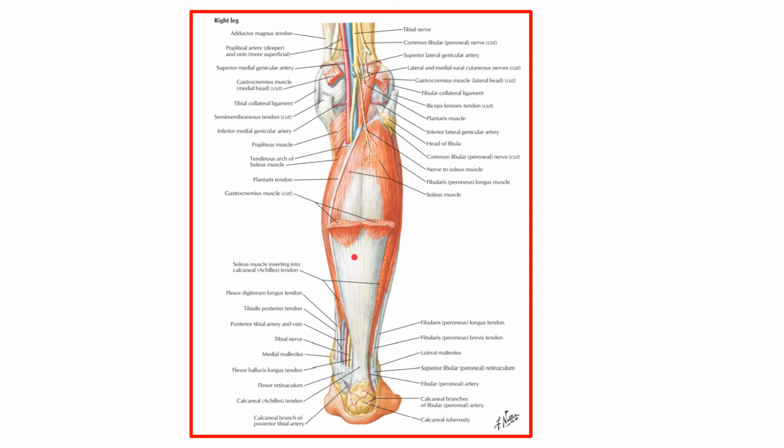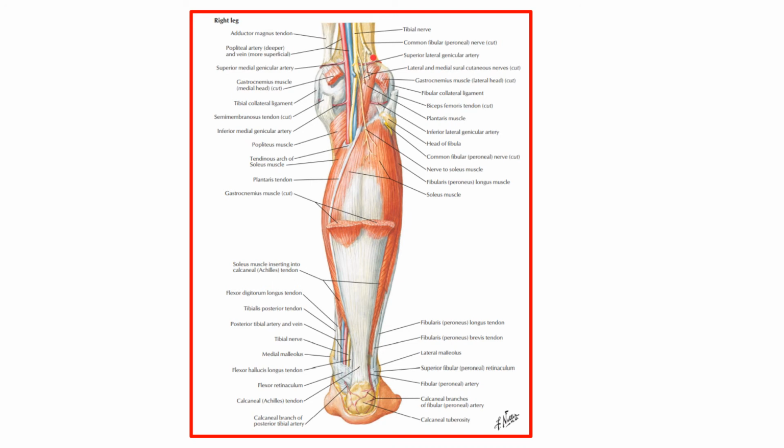So in examination you can be asked what are the triceps surae muscles, what about their origin, insertion, nerve supply, action, and all those things. And then there is another small muscle which is called plantaris. As you can see, plantaris is a small muscle. It originates from the uppermost part of the supracondylar line.